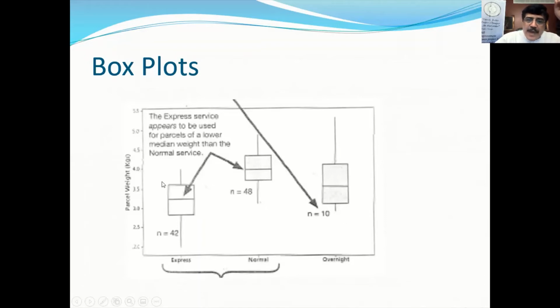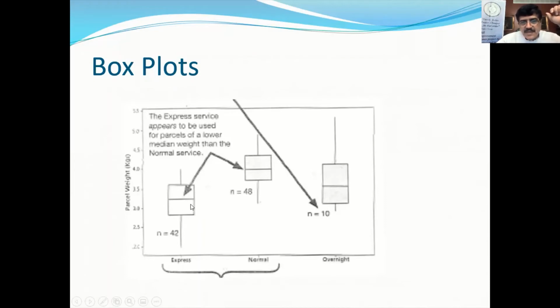Here we're comparing three services. This is a mail service: there is an express, there is normal, and there is an overnight service. So we're checking the weight. The y-axis is the weight, and we can see that this one is actually different from this one here.